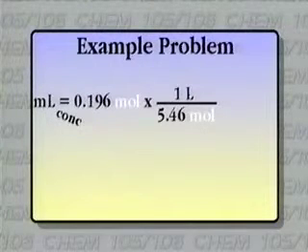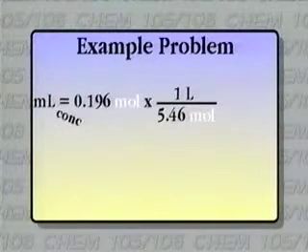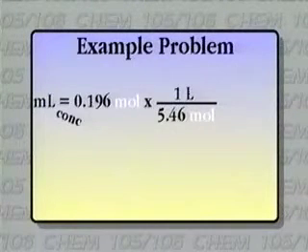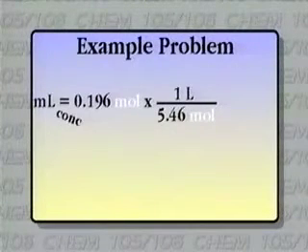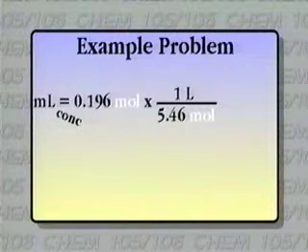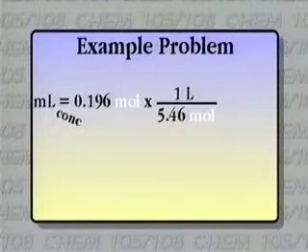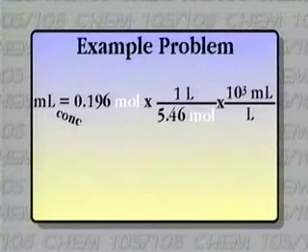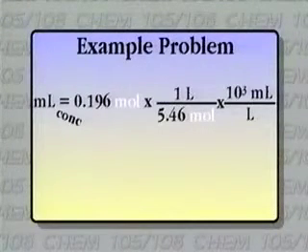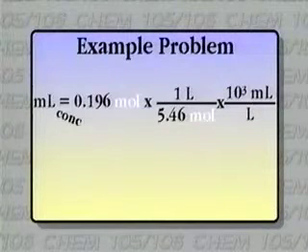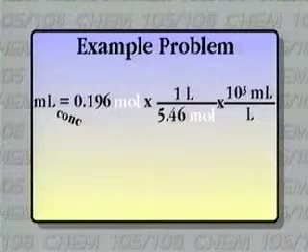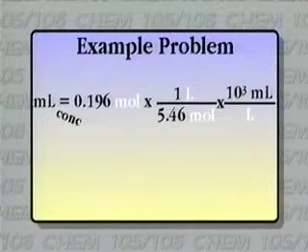cancels. And we would have an answer in liters, but notice that the question was, how many milliliters do we want to take? Well, if we want to do that, we'll just put milliliters here. We've got liters. Now we'll multiply by 10 to the third milliliters per liter, and we're going to end up with what we need in terms of milliliters.